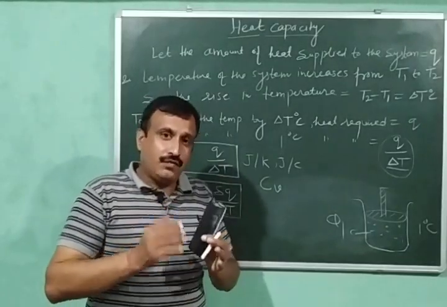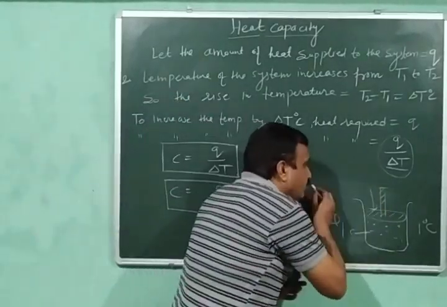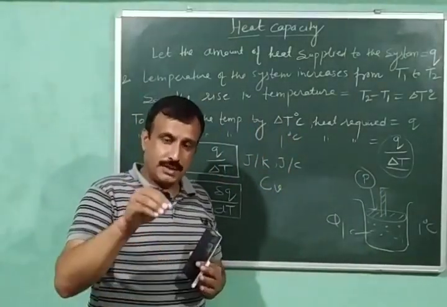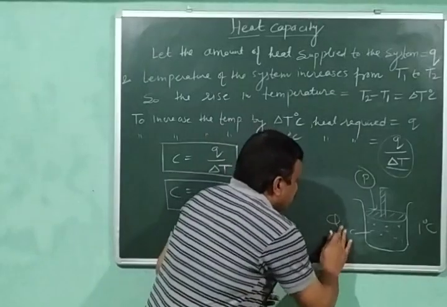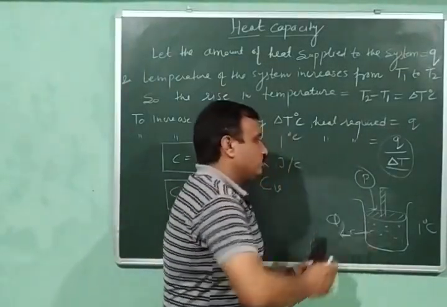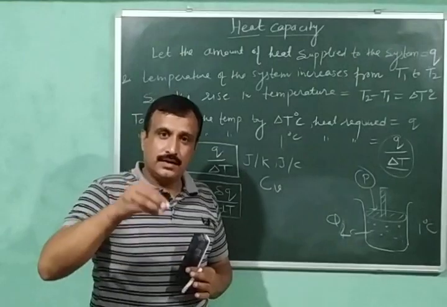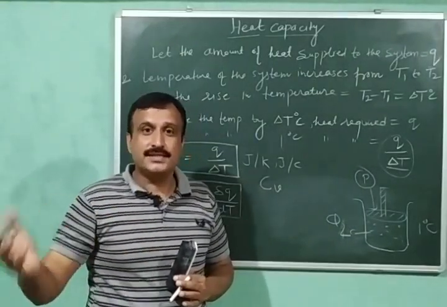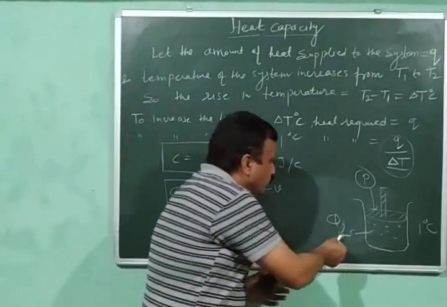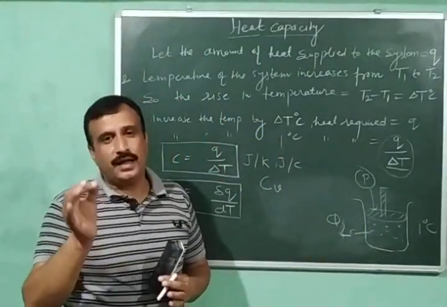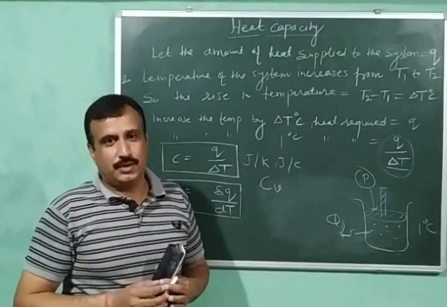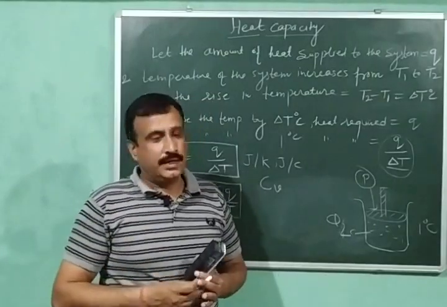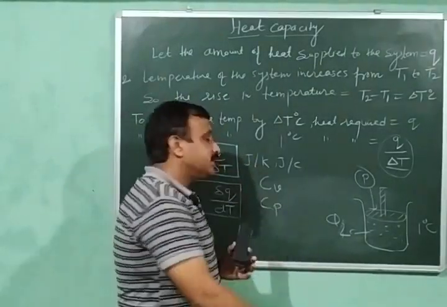Further, if the external pressure is kept constant and again heat Q2 is supplied to the system and the temperature of the gas increases by 1 degree Celsius, then this Q2 will be called heat capacity at constant pressure, because during this process pressure is kept constant, and it is represented by the symbol Cp.